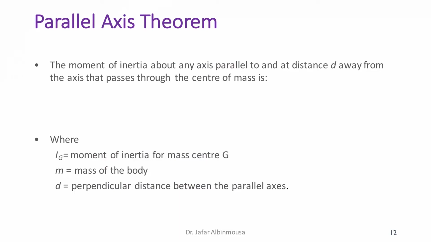I am sure you are familiar with this, but just to remind you, if we want to calculate the moment of inertia about an axis O, then it is equal to the moment of inertia about the mass center, Ig, plus the mass multiplied by d squared, where Ig, as we said, is the moment of inertia about the mass center G, m is the mass of the body, and d is the perpendicular distance between the parallel axes, which is the axis through the center of gravity and the axis at point O.